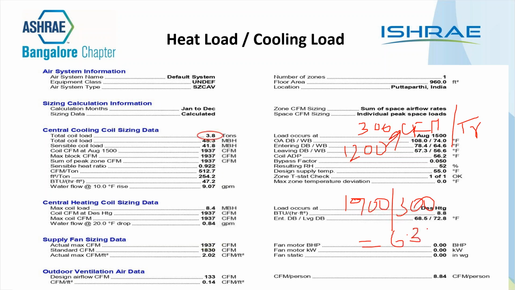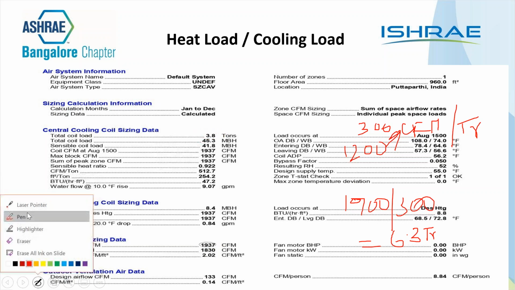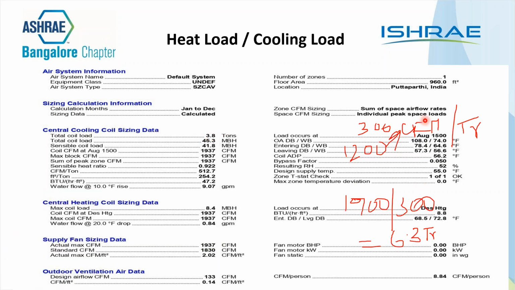Now I am in a catch-22 situation because my load here says a 4-ton air conditioning system is required. But if I look at the quantity of air, I will need a minimum 6-ton air conditioning system. So what do I buy now? Do I buy a 4-ton air conditioning system or do I buy a 6-ton system?